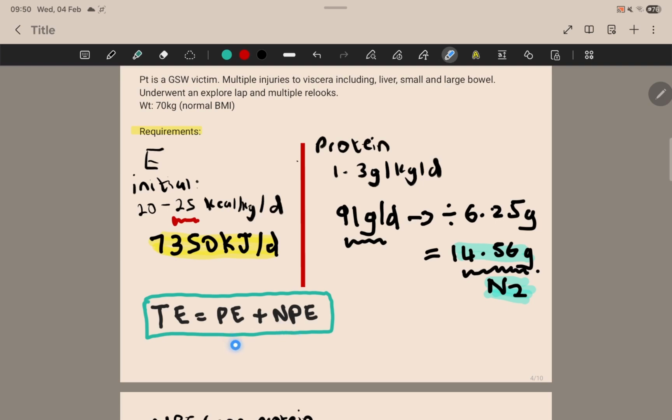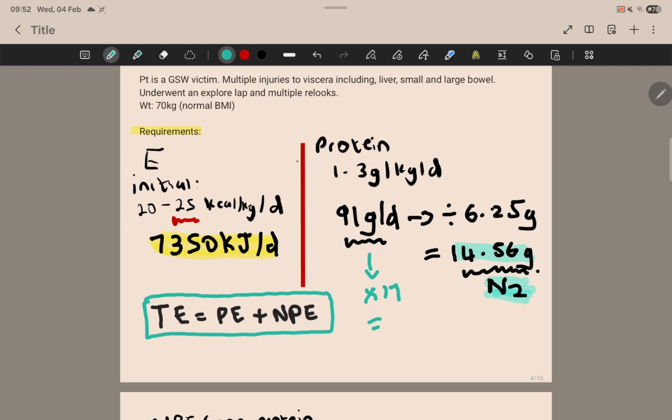So we need to calculate the amount of energy that we're getting from protein, and we already have the total energy. We need to then calculate non-protein energy, which we're going to use for the carbs and the fats. To calculate your protein energy, you multiply by 17.